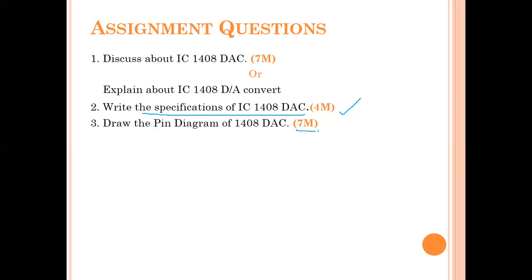Here it is asked for 7 marks. You have to draw the pin diagram of 1408 neatly and explain each pin. For this, you can also draw the block diagram for easy explanation and to describe the pin description. That's all. Thank you.